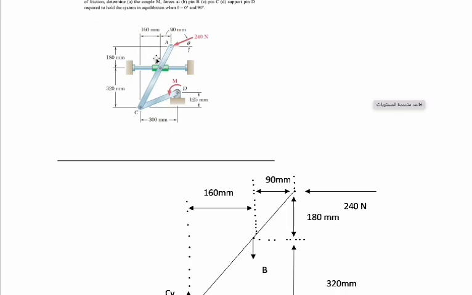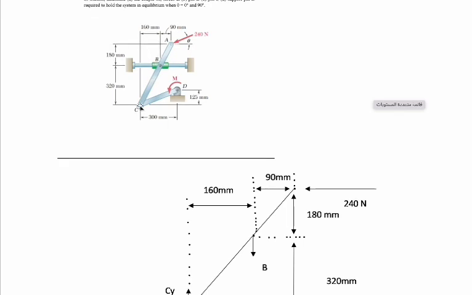So here we must draw the free body diagram from point C till A, and then we draw it from C till D.